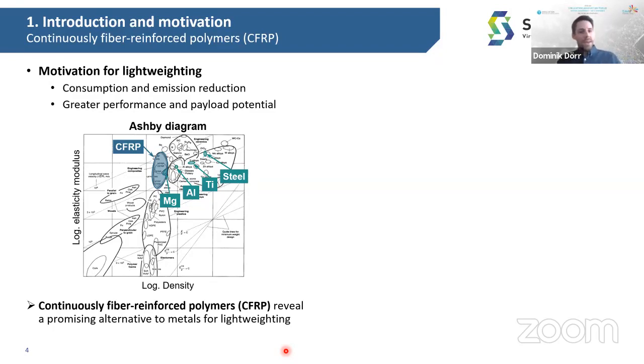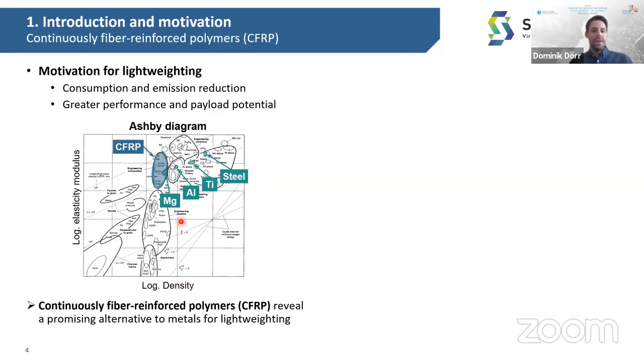And for this lightweighting, we can use, of course, fiber reinforced composites. This is what we know about this, but we can also show this directly in a so-called Ashby diagram. What we can see in this Ashby diagram is the elasticity modulus over the density. And this gives us a direct insight into how different materials behave in the context of lightweighting.